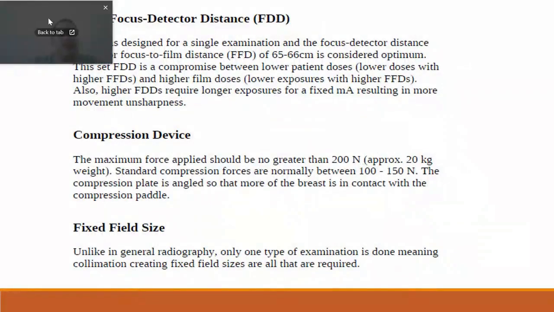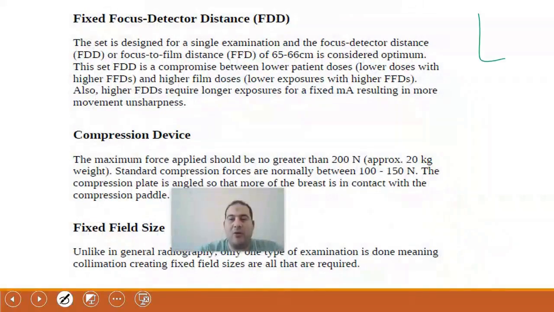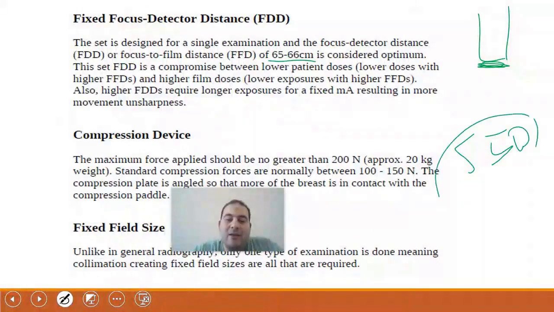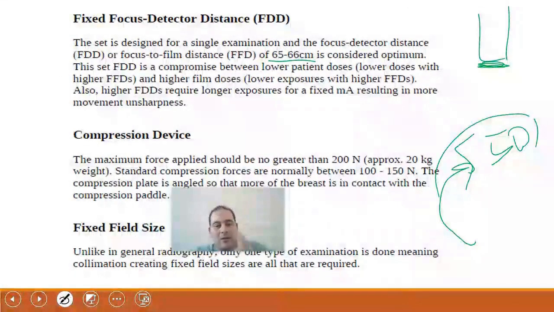Of course, the distance between the focus and the film that I use in imaging is set at 65 centimeters. I consider this distance appropriate because if I choose a distance further than that, your dose will increase, which is not desirable for the breast. At the same time, if I choose a distance closer than that, it will also affect the image, and the magnification is also not desirable as it may give you a blurring effect.